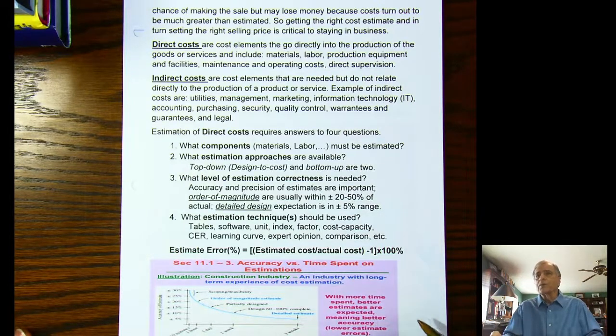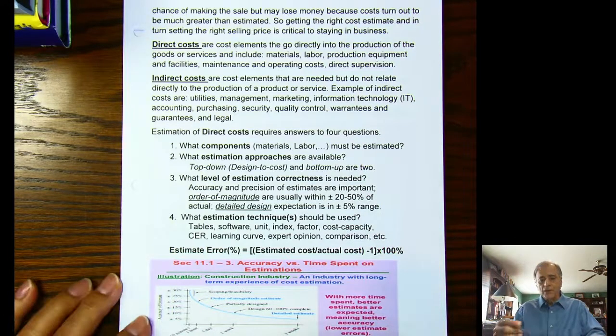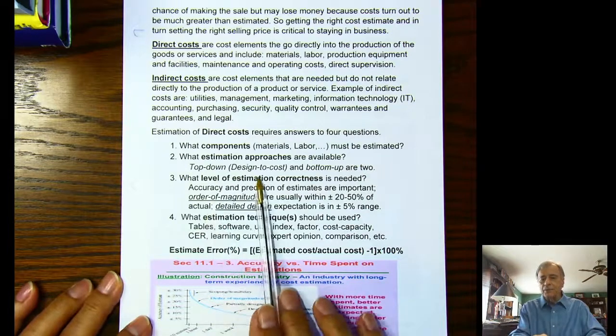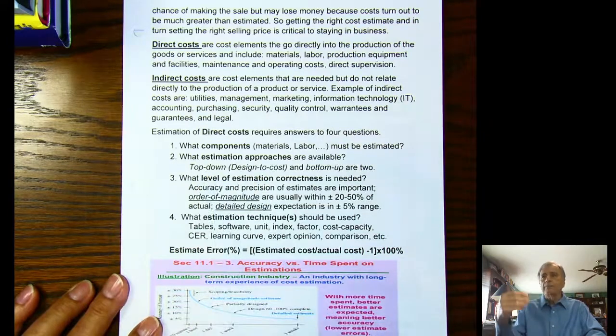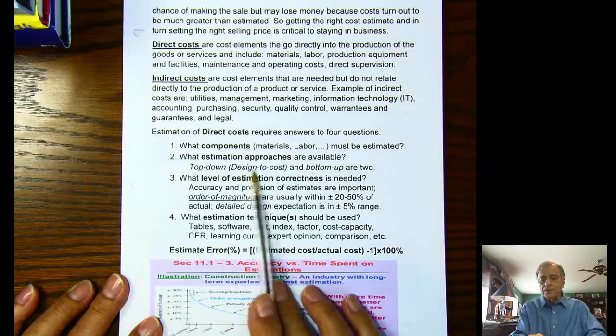So you start with a price, then you subtract your profit margin from the price, and that gives you your total cost, and then you would break that down further. So that's a top-down approach where you start with what your total cost has got to be, and then break it down from there. That's called design to cost.